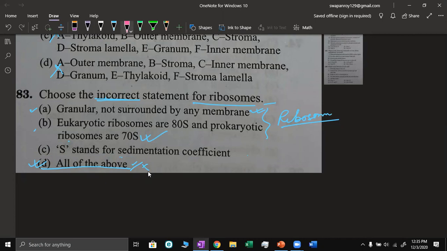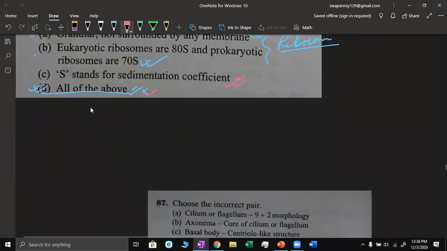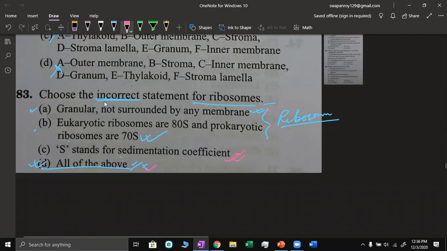Okay. Or actually this question, choose the correct statement for ribosome. So these are correct, these are correct. This is also explaining about the S, what is S in 70S or 80S. So in that case, all are correct, but all are incorrect if it is said that all of the above are incorrect. That is not true.